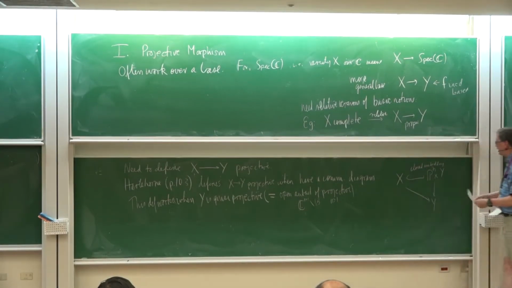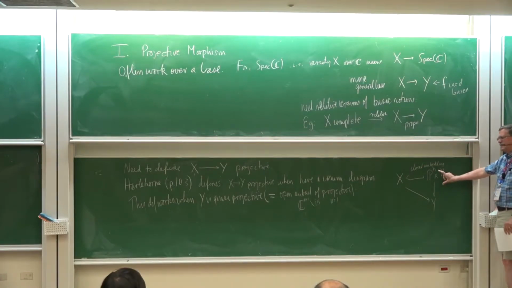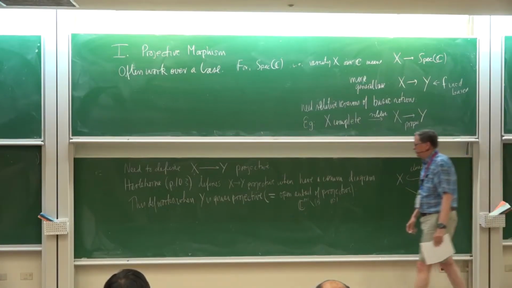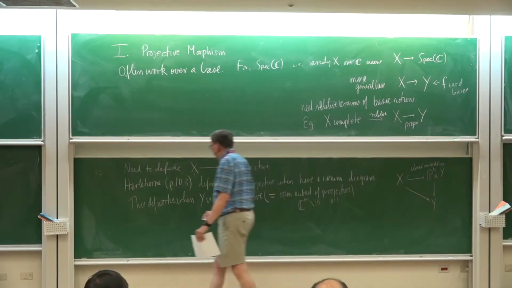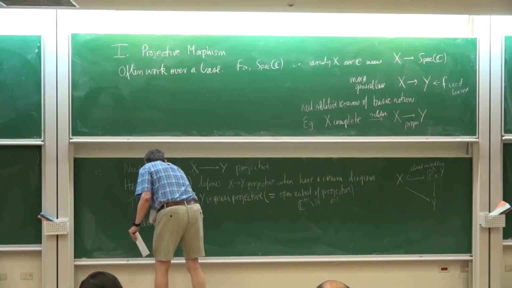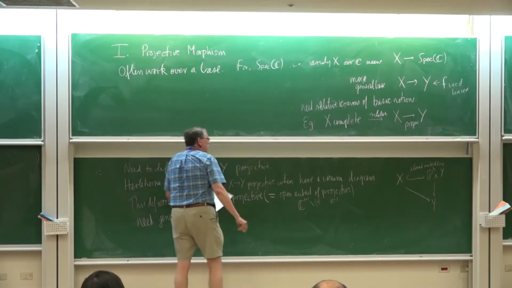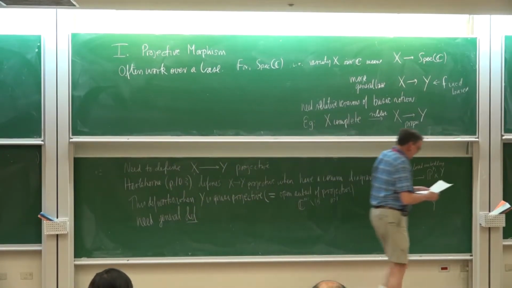But it turns out that in full generality, if Y is a really nasty variety, this is just a slightly too restrictive notion. So you need a general definition. And here's the general definition.